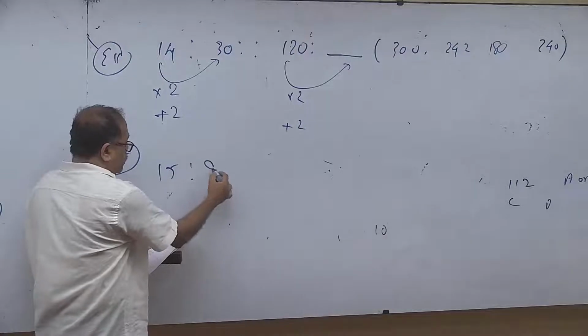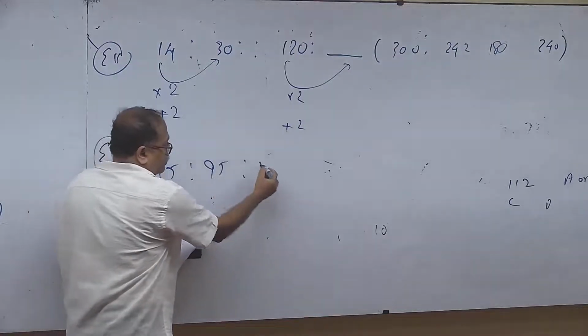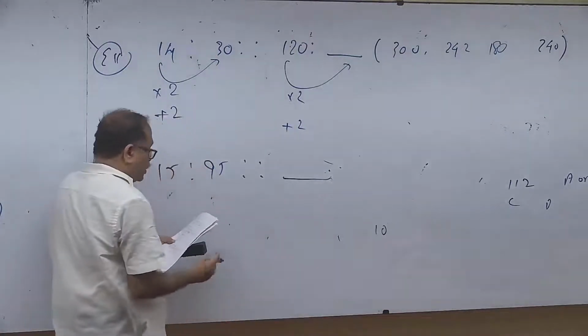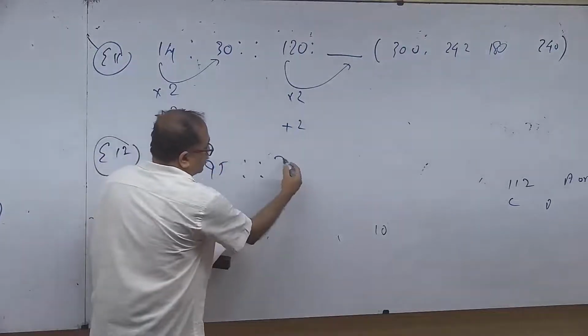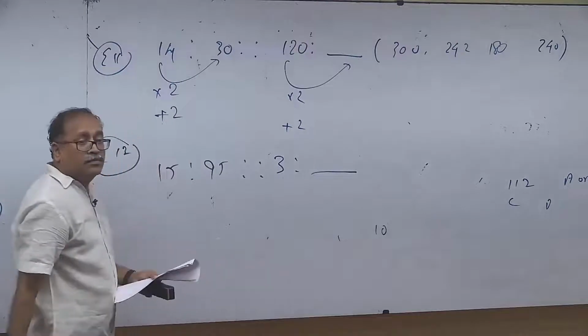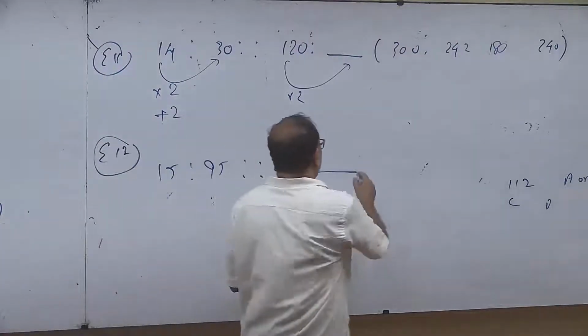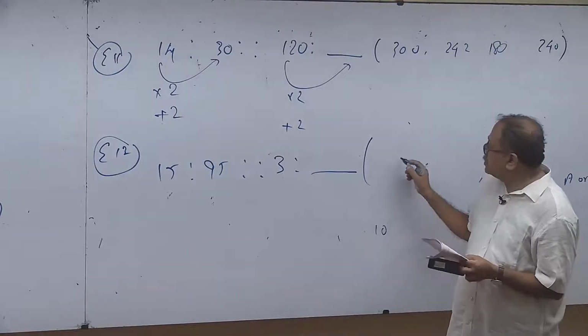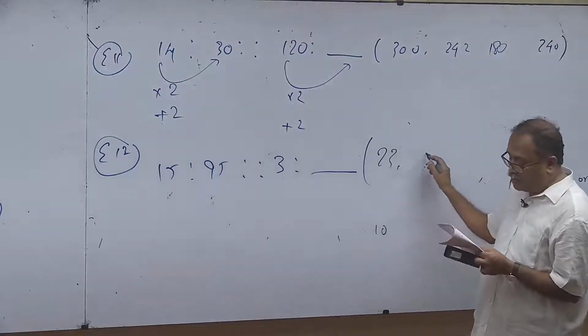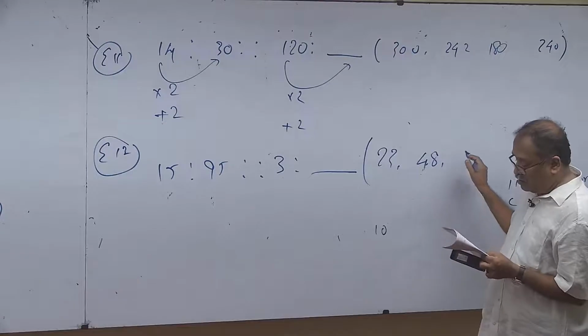Now if I give you this example, that's a 15 and 95, then how will you write 3 and dash? This topic is relatively easy, but until unless we make some practice, there is a temptation to go wrong.